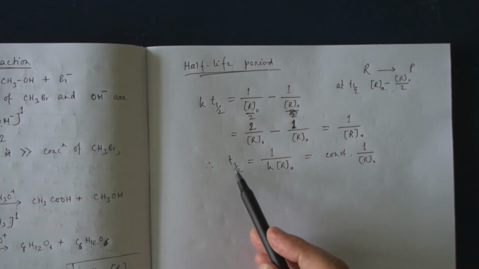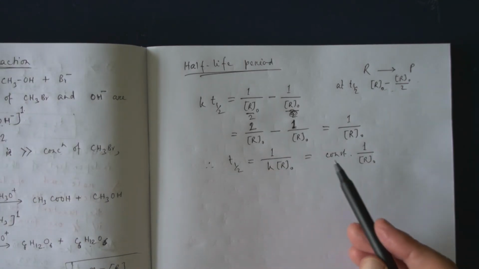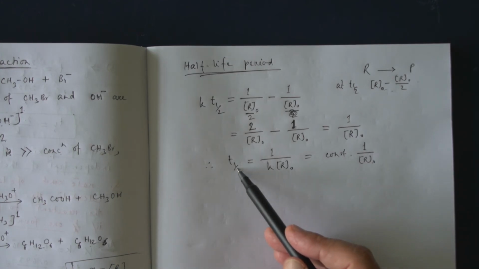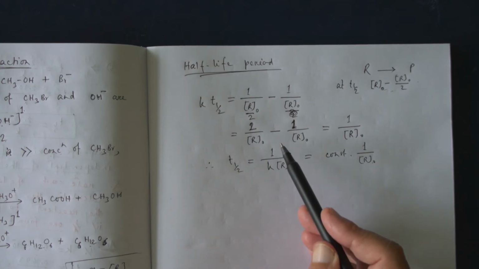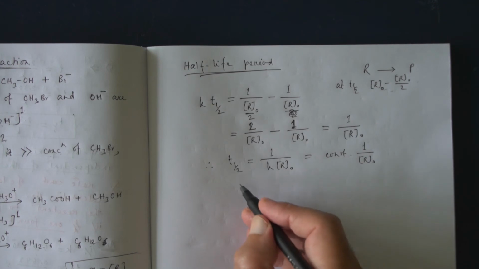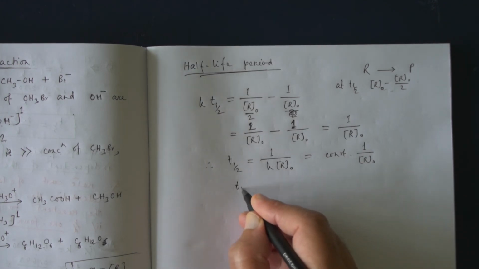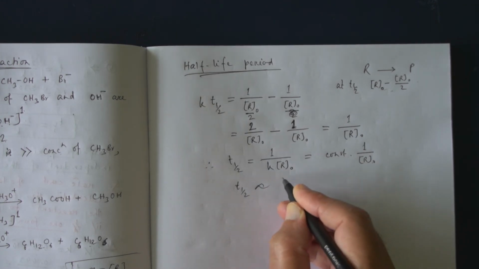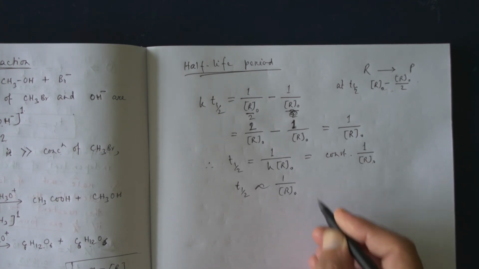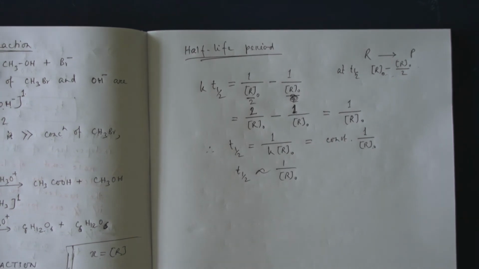That means the half-life period of a second order reaction is inversely proportional to the initial concentration of the reactant. So you see, the half-life period of a zero order reaction depends on the initial concentration of the reactant.